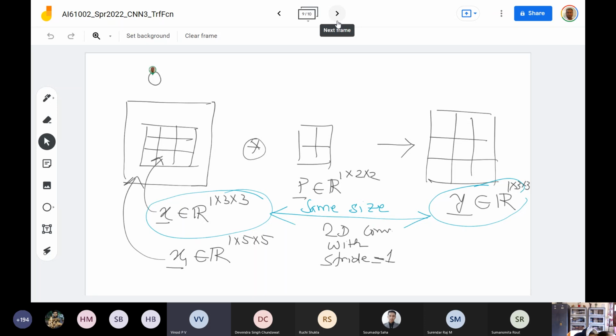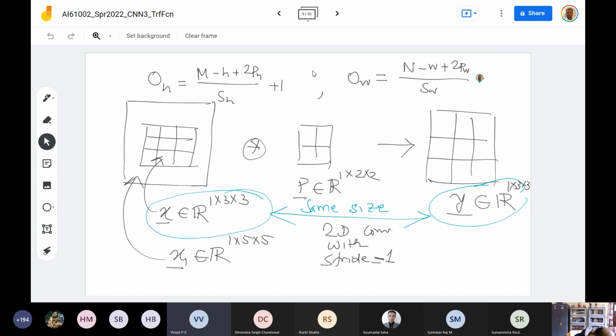My OH is now going to look like M minus H plus 2pH divided by SH plus 1, and my OW is going to look like N minus W plus 2pW divided by SW plus 1.